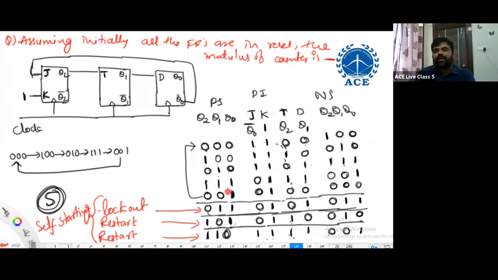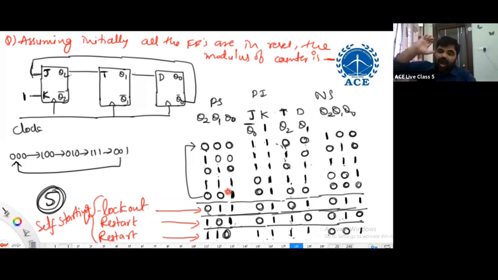And if the counter unknowingly enters an unused state and from that unused state comes back to a used state, then it is called restarting the counter. For each and every unused state, if it comes back to a used state, then we say it is self-starting.